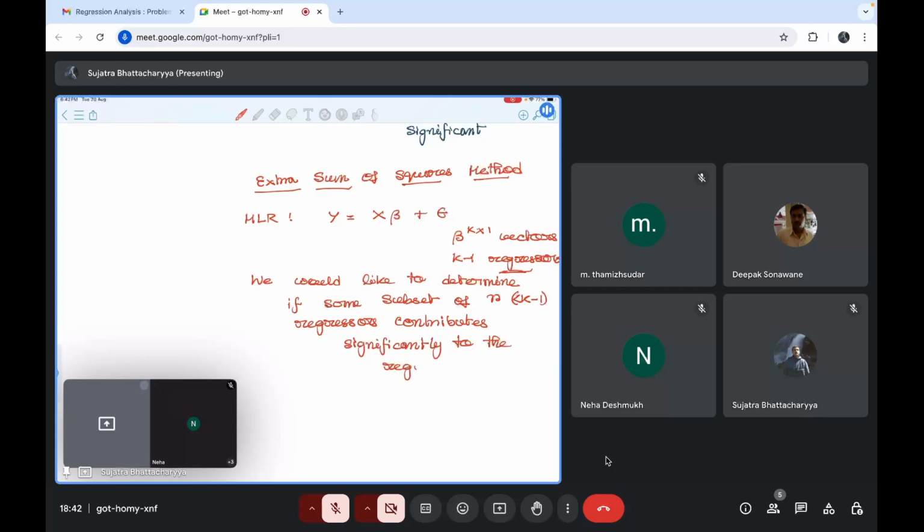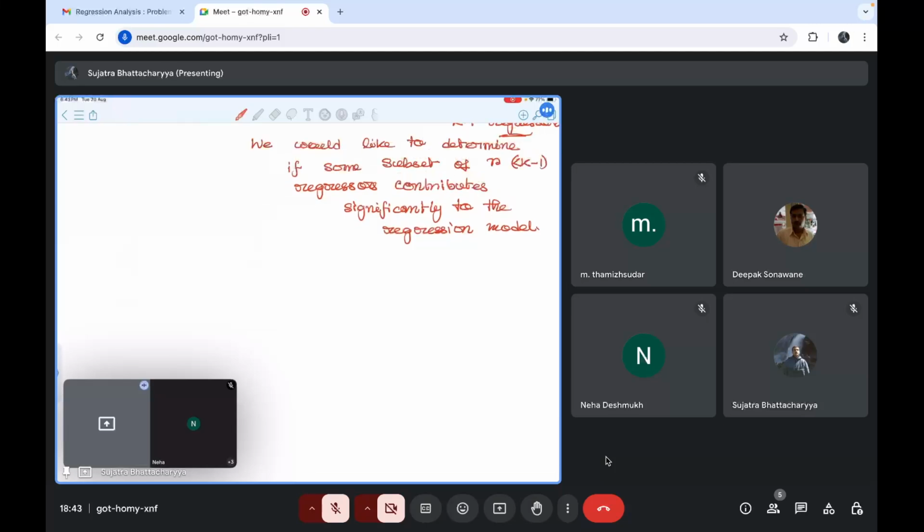So you have k minus 1 regressors. It might be possible that there are some r regressors out of these k minus 1 which are significantly contributing to the regression model, and others are not. To test whether those r regressors are significantly contributing to the regression model or not, we are testing one kind of hypothesis. For that, this extra sum of squares technique is used.